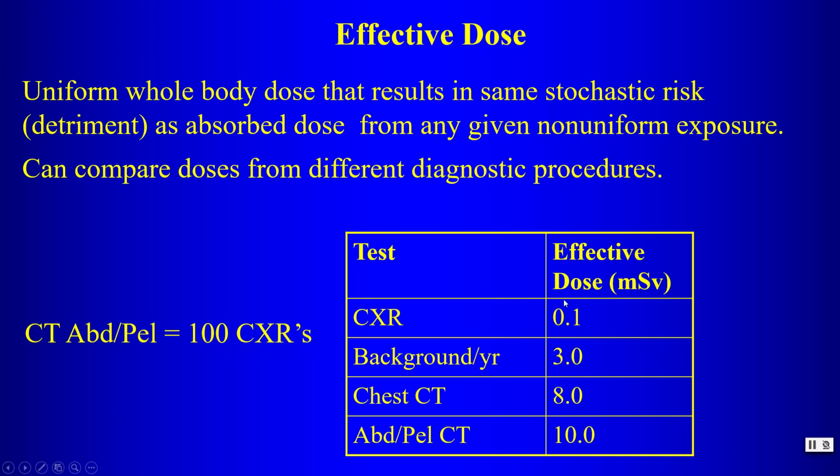So if we look at the effective dose here in millisieverts, we can see that it's quite small. For a chest x-ray, it's about 0.1 millisievert compared to the background radiation that people are exposed to throughout their lives, which is about 3 millisieverts per year.